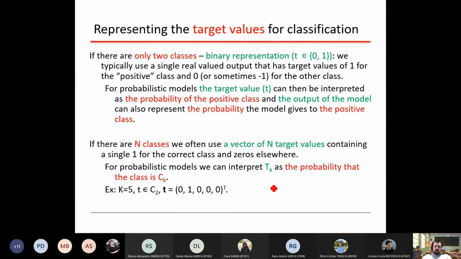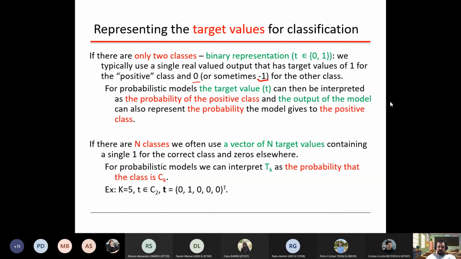Do you happen to know when we use -1? Because for most classification tasks, we would use the value 0 for the negative class. Do you happen to know when we have the value of -1 for the negative class? Anyone?